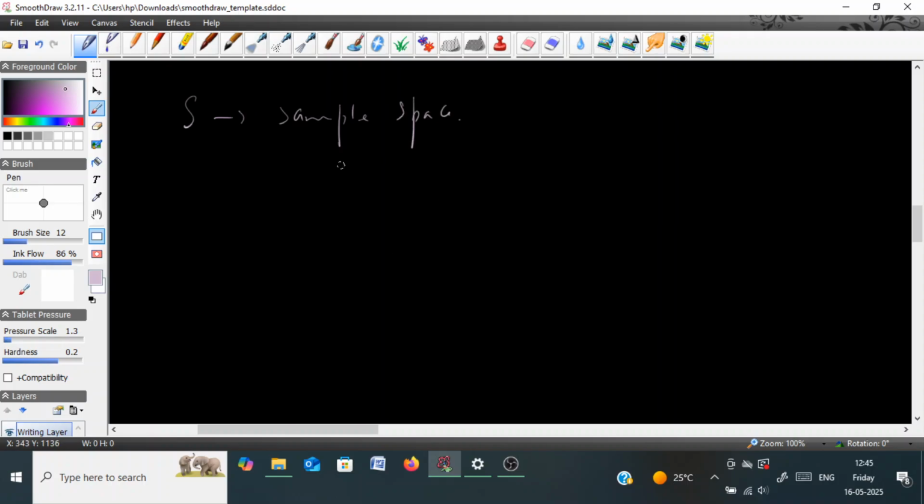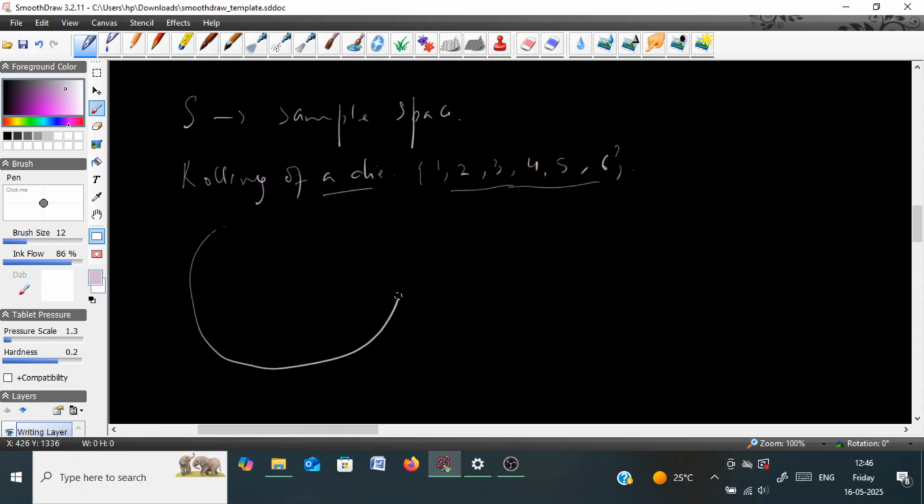The sample space is the set of all the possible outcomes of the experiment. Suppose we simply take an experiment of rolling a die. The outcome can be 1, 2, 3, 4, 5 or 6. Any one of these numbers can appear, right?